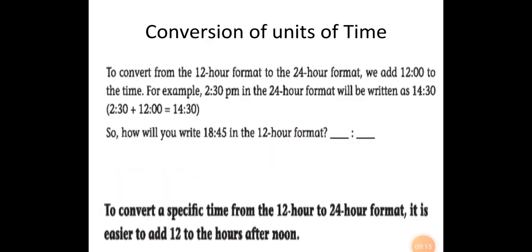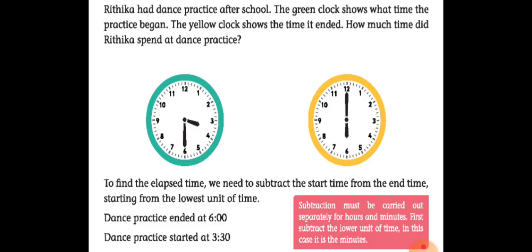We always start from this side, right? So 0 minus 0 is 0. And then can you subtract 3 from 0? No. So we have to borrow. So this becomes 5. So listen now. We are giving 1 hour, which is equal to 60 minutes, right? So we have to get 60 here.